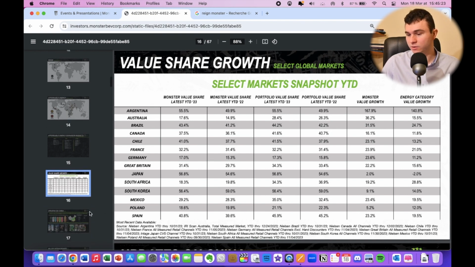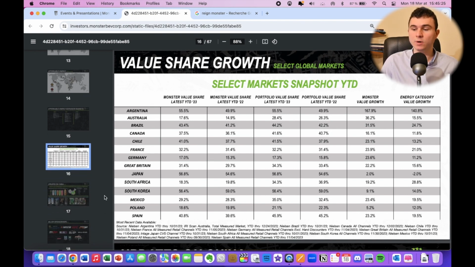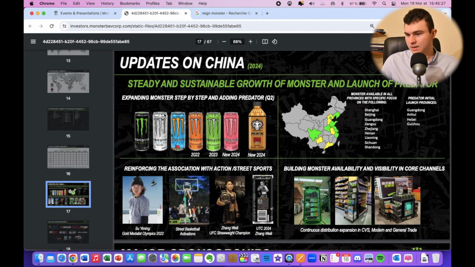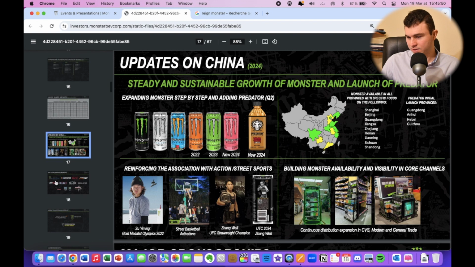That's a lot of information if you want to dig deeper and see where the growth is. Maybe we'll use these data later, but for the moment, it's just to understand how everything works. Updates on China: steady and sustainable growth of Monster and launch of Predator, which is, I believe, one of their drinks.